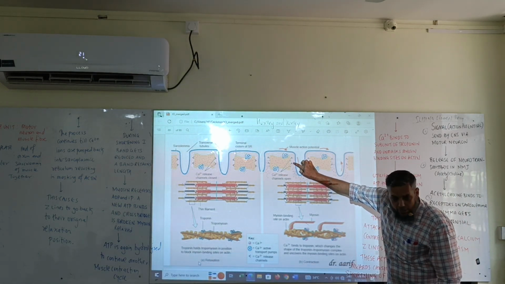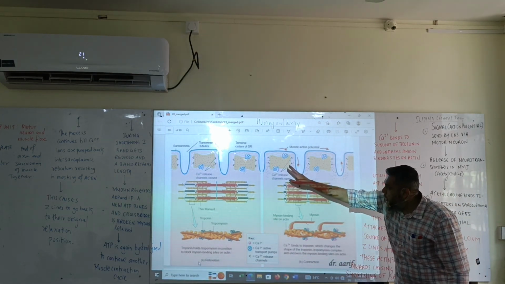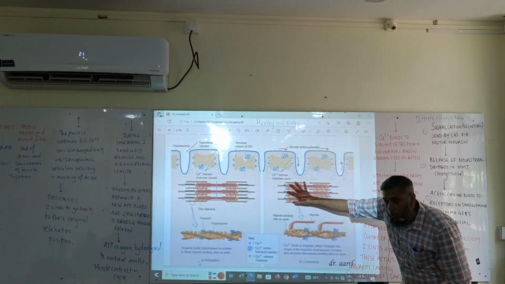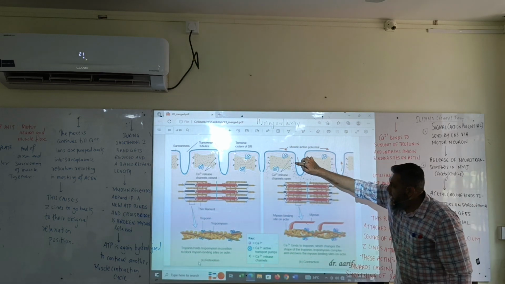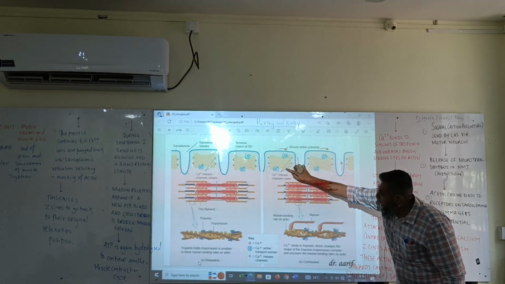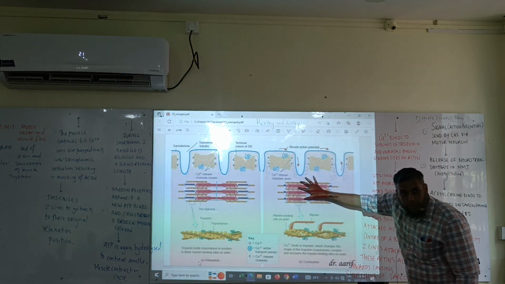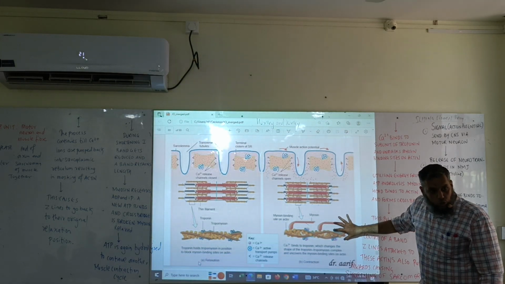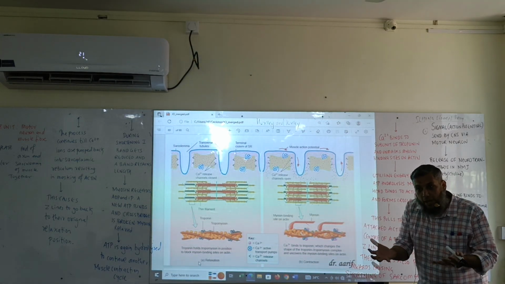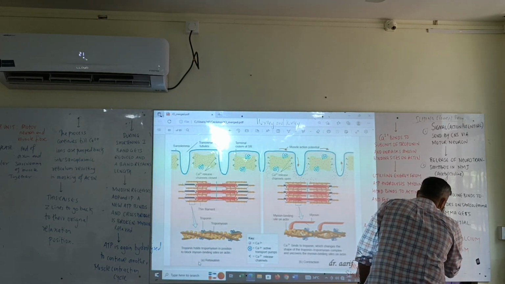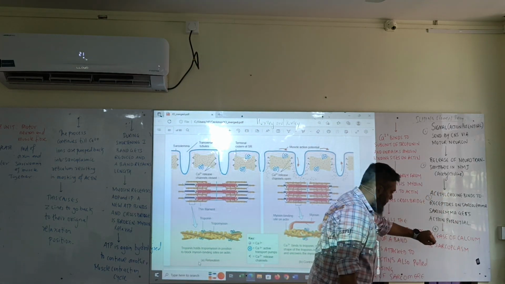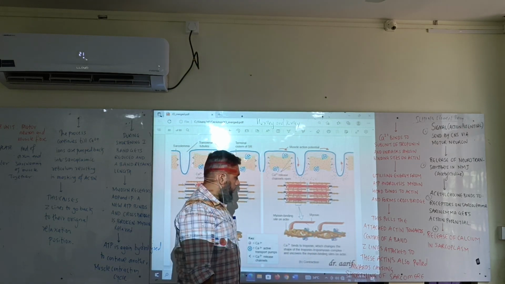See, the calcium gate has opened and all the calcium has come into the sarcoplasm. The calcium gate has opened, the calcium has come out into the sarcoplasm. So the concentration of calcium in the sarcoplasm has increased. See how there is a release of calcium in the sarcoplasm.